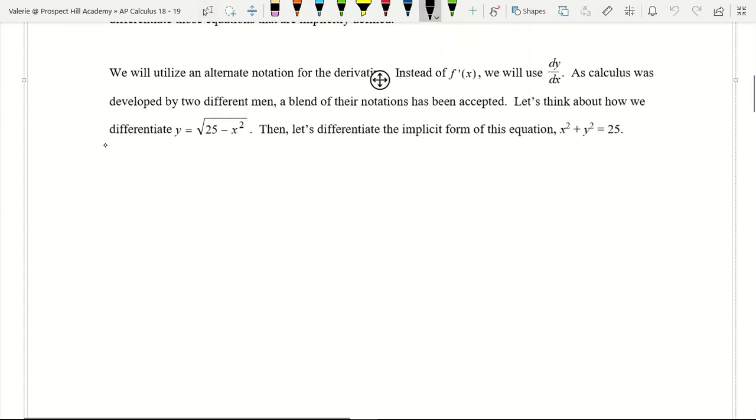The notation dy dx is very important because the denominator term dx tells us what we are looking for our function in terms of, and dy just tells us what we're differentiating.